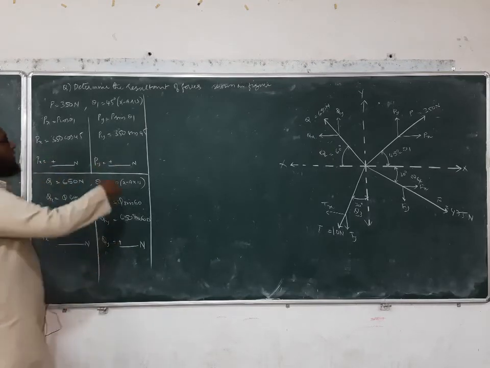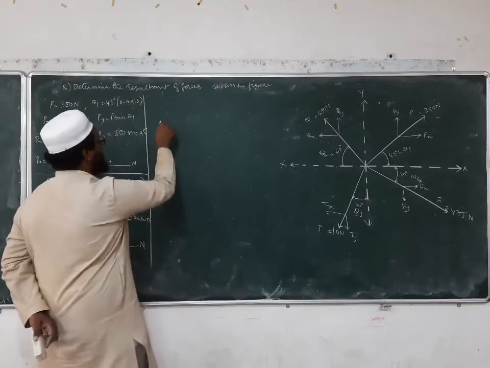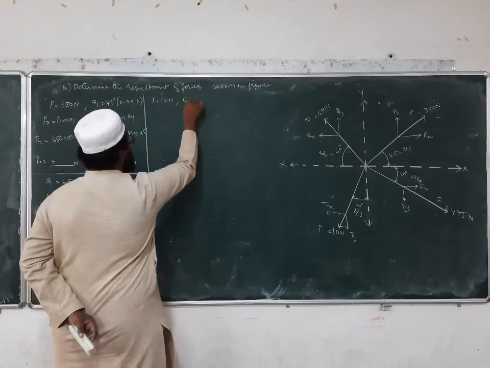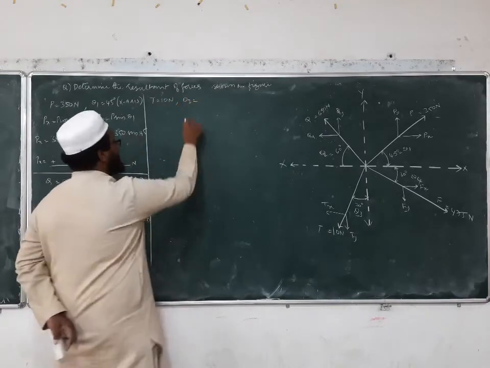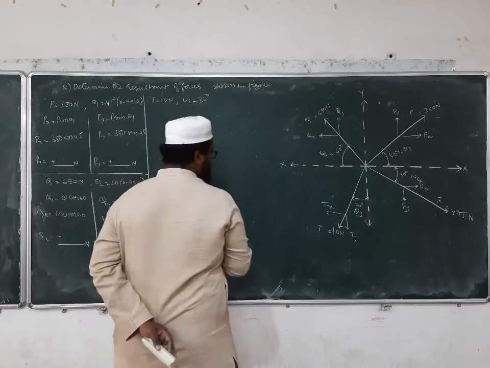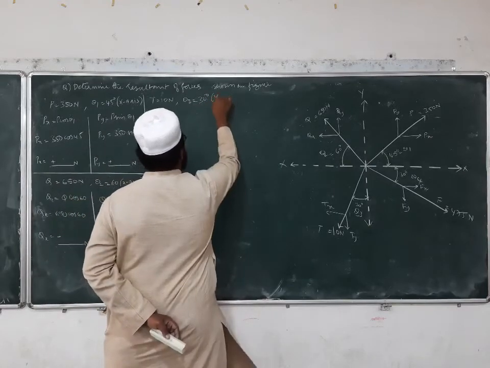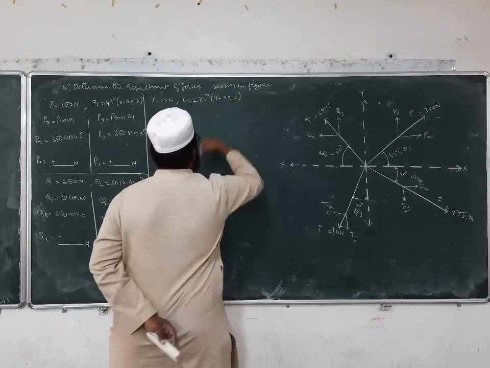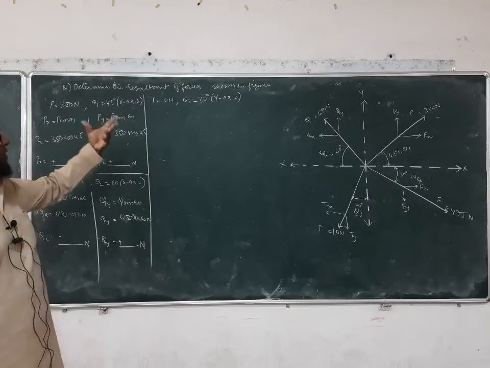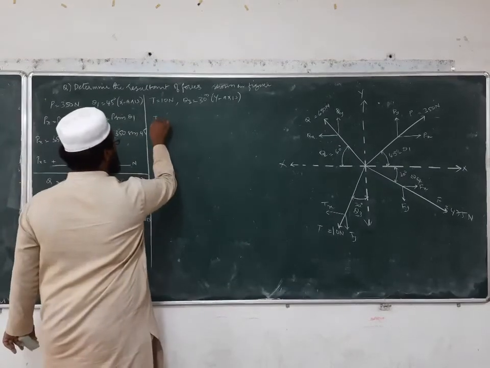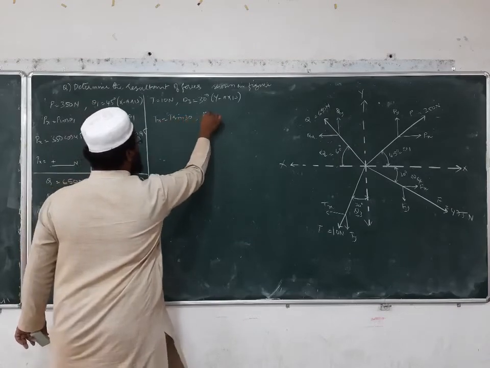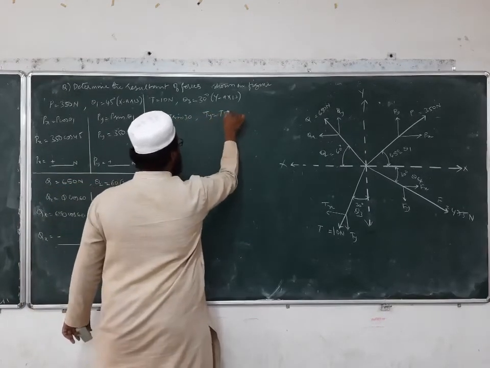Alright, next we will go for another force, that is T. T is equal to 10 newtons and theta 3 is equal to how much? 30 degrees. And this theta 3 is making an angle of 30 degrees with which axis? Y-axis. So whenever the angle is with the y-axis, what will happen to the x component? The x component will change to sin theta. So Tx is equal to T sin 30 and Ty is equal to T cos 30.